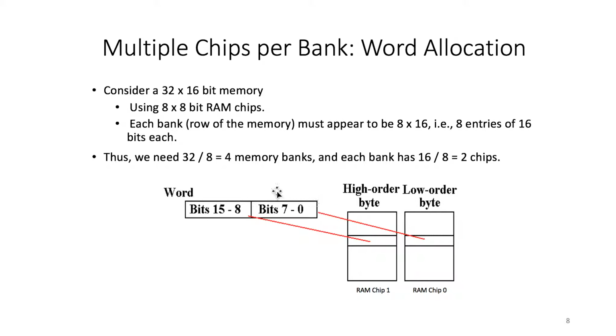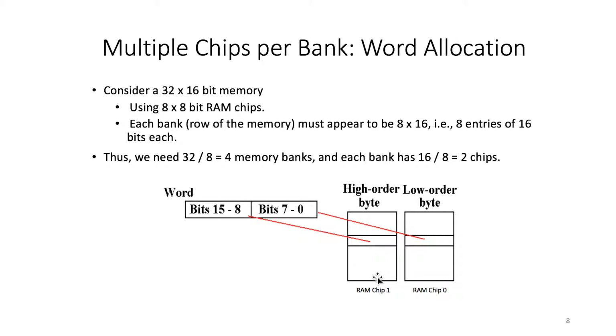The first 8 bits are denoted from 0 to 7, and the other 8 bits are from 8 to 15. So in total we have a width of 16 bits.